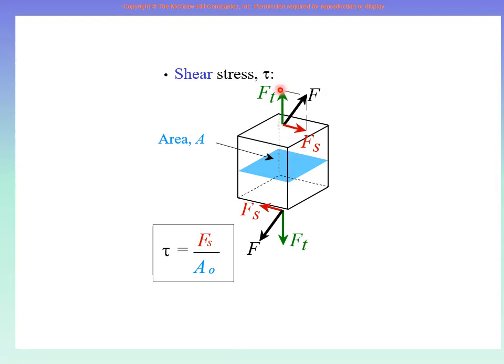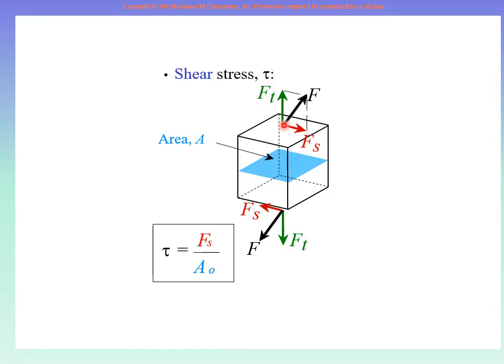So this normal is the tensile one, this parallel is the shear. So any force, if it is at any general angle, can be divided into a tensile component and a shear component. Tensile component we did earlier, shear component is what we were talking about just now.